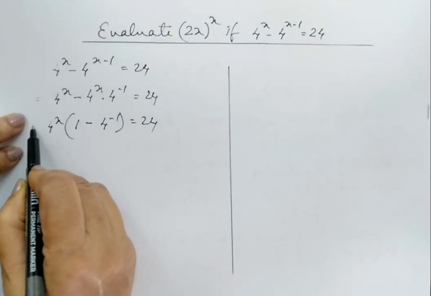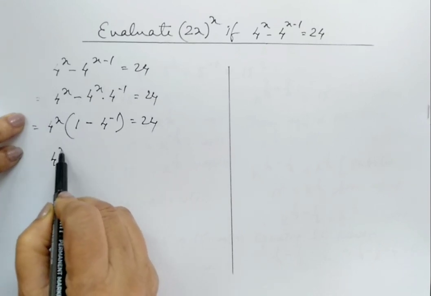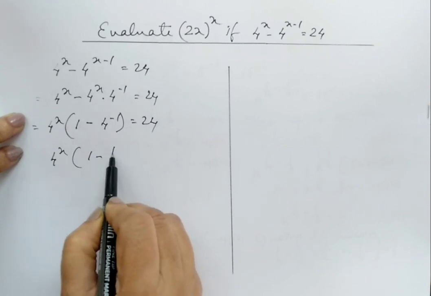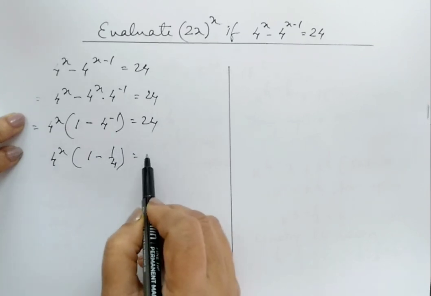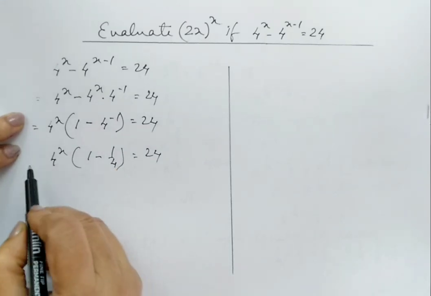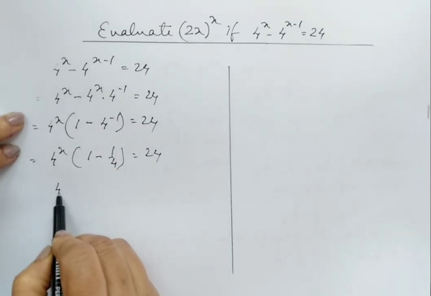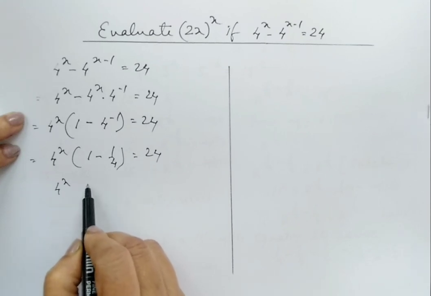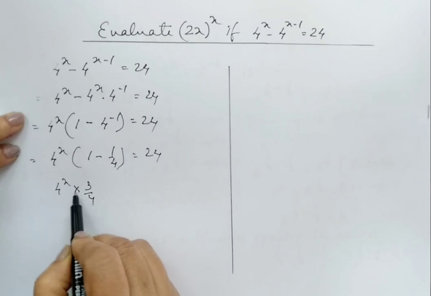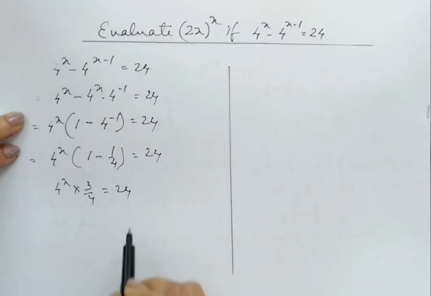So let me keep 4 to the power x here and solve the inside. 1 minus 1 by 4, correct? And 1 minus 1 by 4 equals what? Obviously 3 by 4, correct? And since there is a multiplication over here, let me put that also.